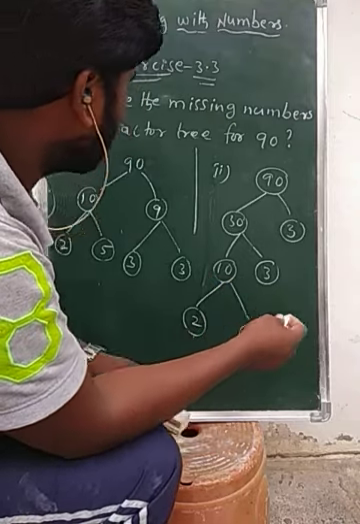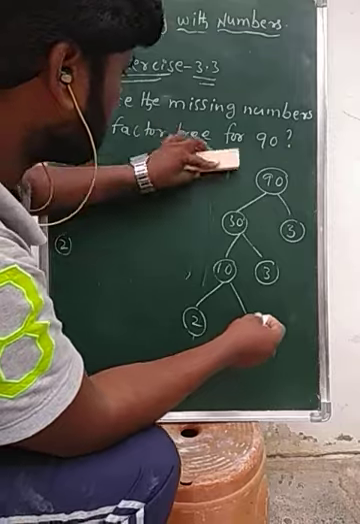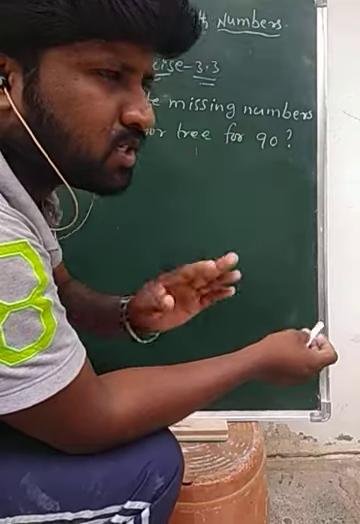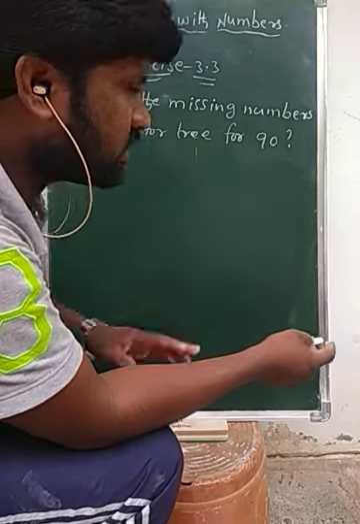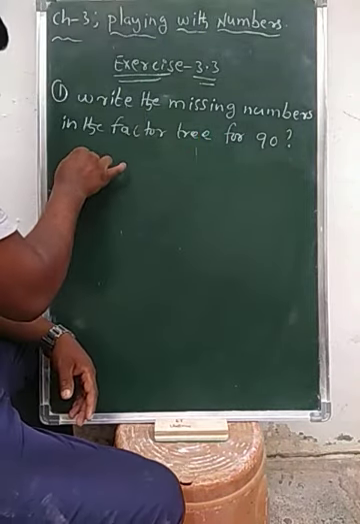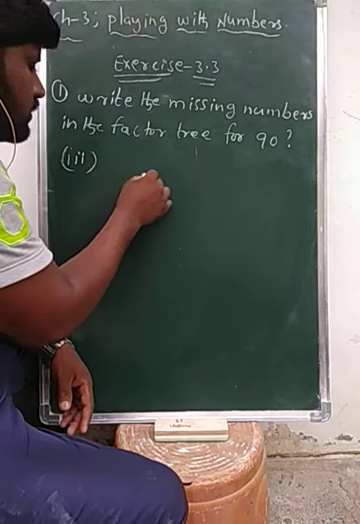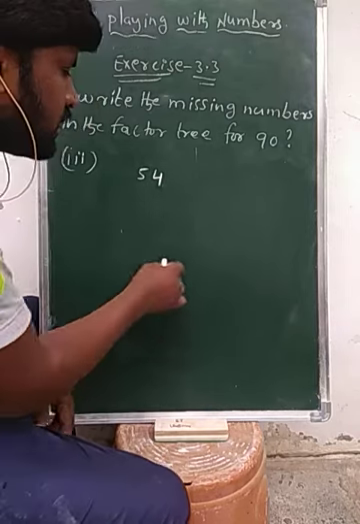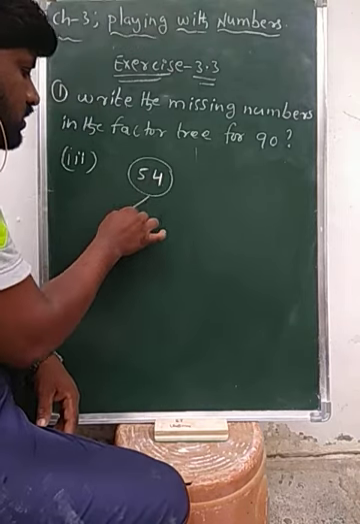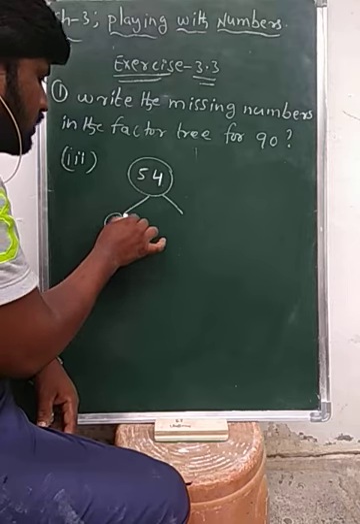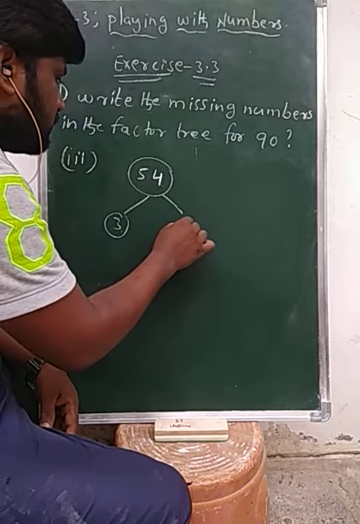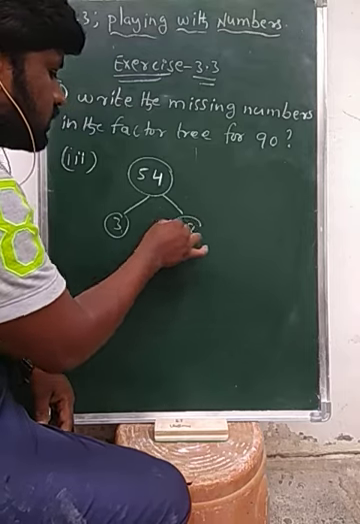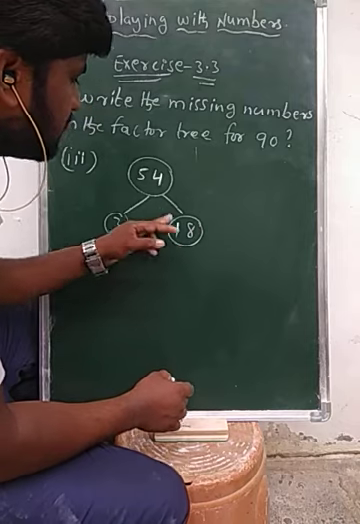And I just want to say one more problem in this model. You take any composite number, which means it has more than 2 factors. I'm taking one question here, 54. It is a composite number. I'm writing its prime factors. 3 18s are 54.